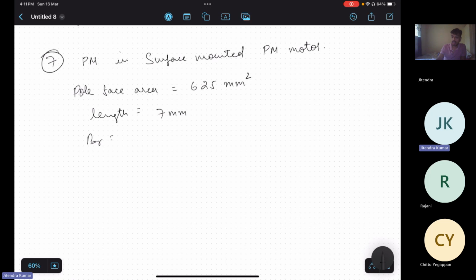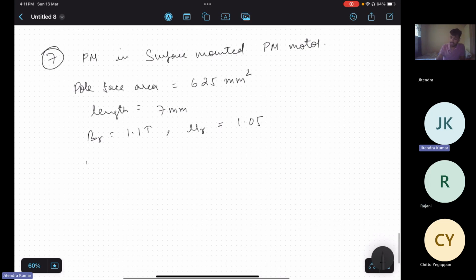Br is 1.1 Tesla. The relative permeability of the permanent magnet is 1.05. The air gap area is 700 mm square.